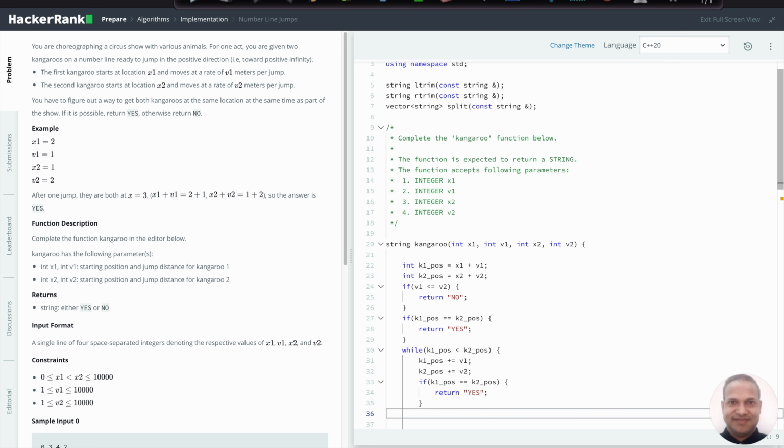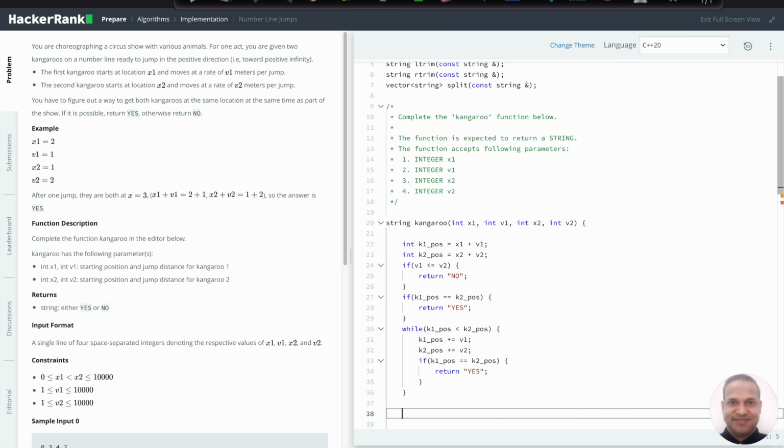Now at the end of the while, this loop will continue as long as kangaroo 1's position is less than kangaroo 2's position. Once kangaroo 1 overtakes kangaroo 2, that means there is no chance of collision, or they cannot reach the same location at the same point of time.